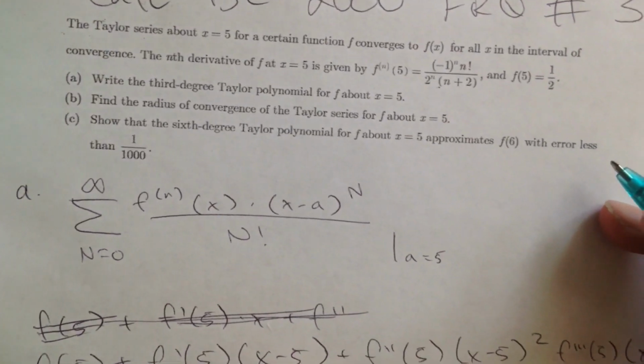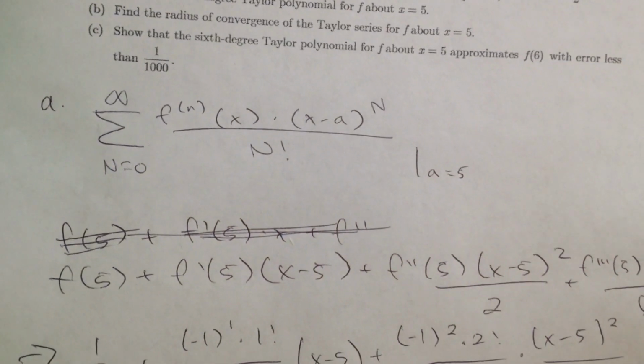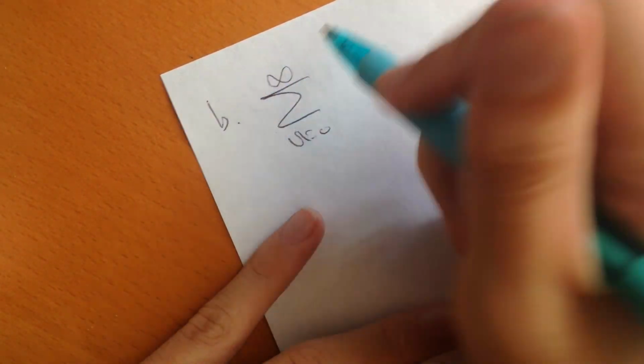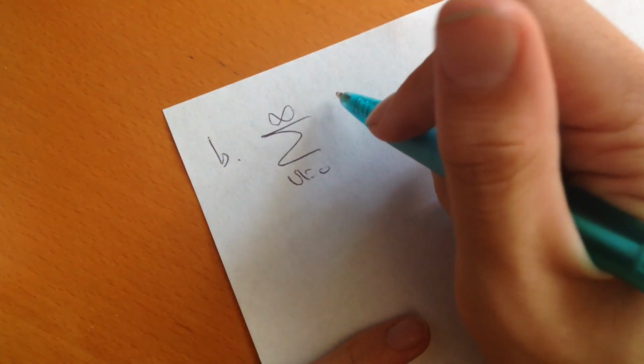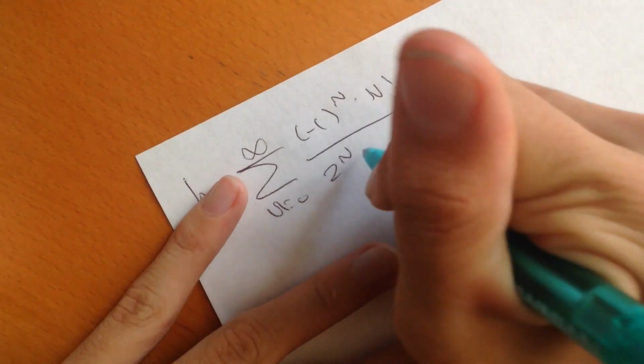Okay, part B asks to find the radius of convergence of this Taylor series. So let's go to the back. That's pretty easy too. So remember that our Taylor series is going to be the sum from n equals 0 to infinity of our nth derivative. Let's just write that down. So that's negative 1 to the n times n factorial over 2 to the n times n plus 2.